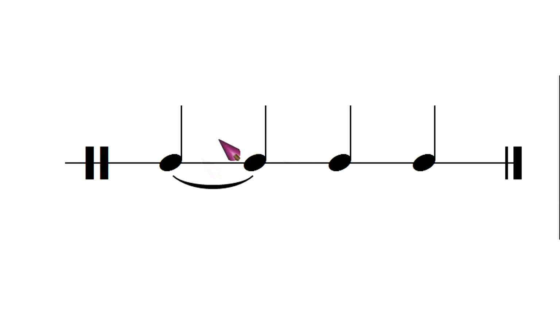Now, the people that created the music language thought that this would be very uncomfortable to do all the time, like in this case, a note that instead of lasting one quarter note, lasts two.